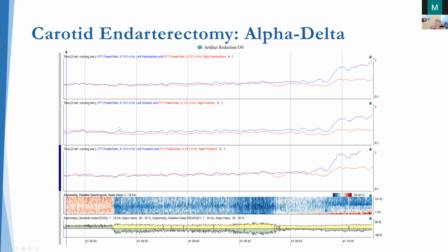And you can see as soon as the carotid is clamped that there's a difference between the left hemisphere seen in blue and the right hemisphere seen in red. And that change worsens as the patient wakes up from anesthesia, and we start seeing that delta activity over the right hemisphere, leading to a significant difference in the alpha delta ratio, left hemisphere versus right hemisphere.